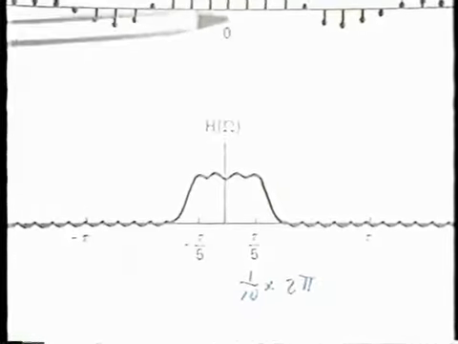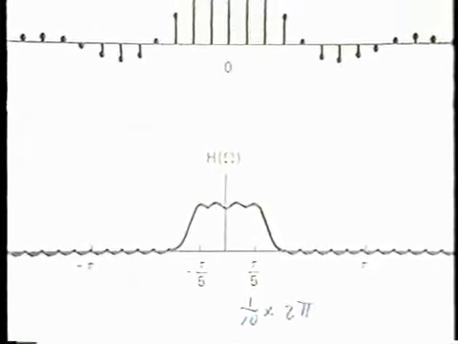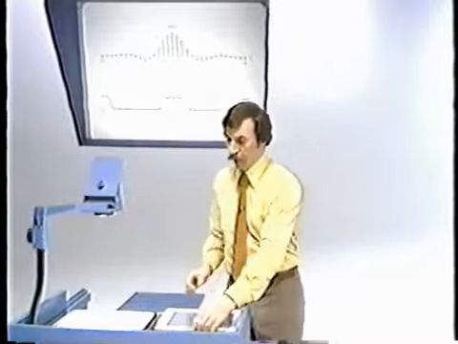Now, the equivalent continuous time system in terms of the impulse response is, of course, a band-limited interpolation of the impulse response associated with the discrete time filter. And in the frequency domain, the frequency response is correspondingly a time-scaled and a frequency-scaled version of the frequency response.